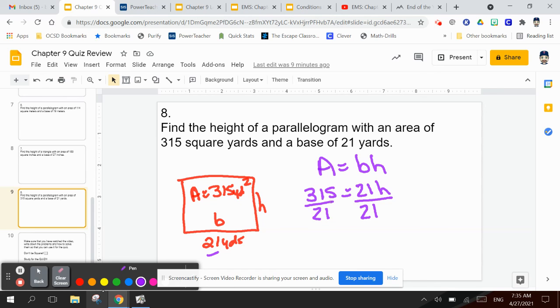Whatever I do to one side of my equal sign, I have to do the other. 21 goes into 21 one time. I'm left with my variable h, the height, equals 315 divided by 21. And when I do that math, I get 15 yards is my label.